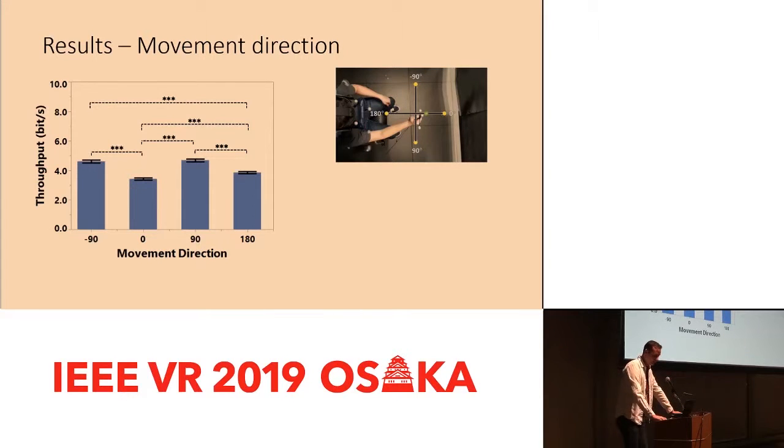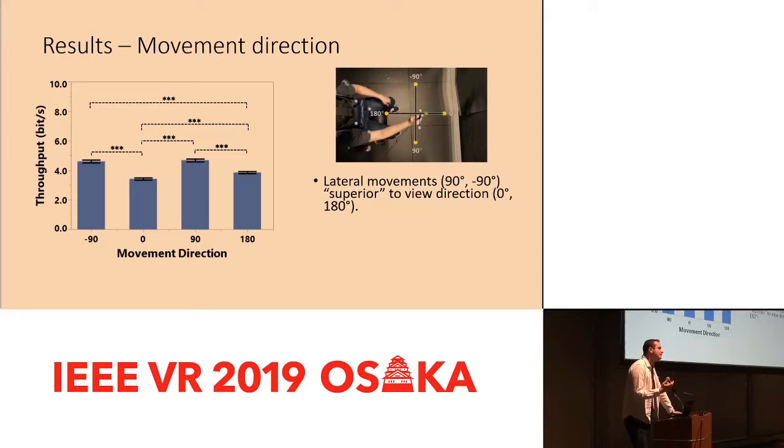If you look at minus 90 and 90, these are the movements left to right, you could see that the throughput is higher compared to movements from further away and getting closer. So we can say that the lateral movements, left to right, are superior to the wave direction, and we had the same results for both movement time and the error rate.